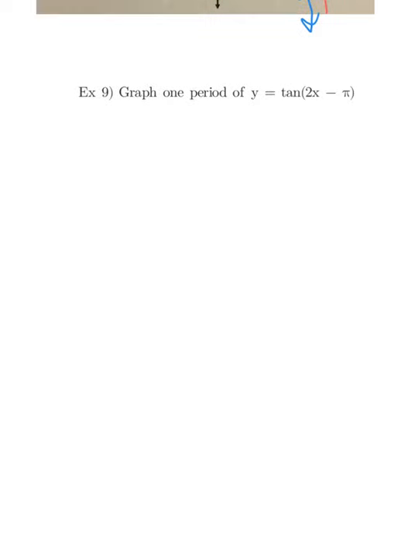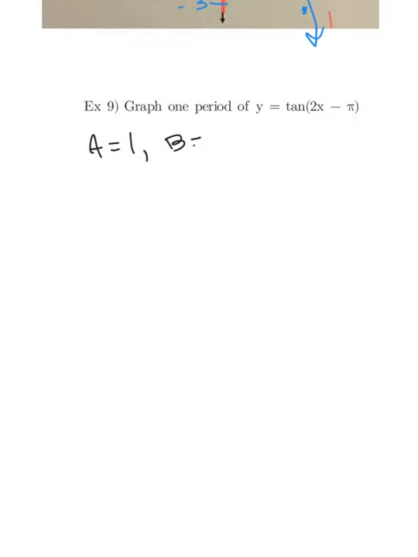On example 9, we are going to graph one period of y equals the tangent of the quantity 2x minus pi. A on this one is 1, B is 2, and C equals -pi.